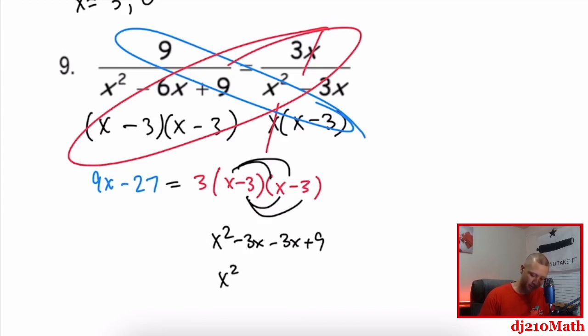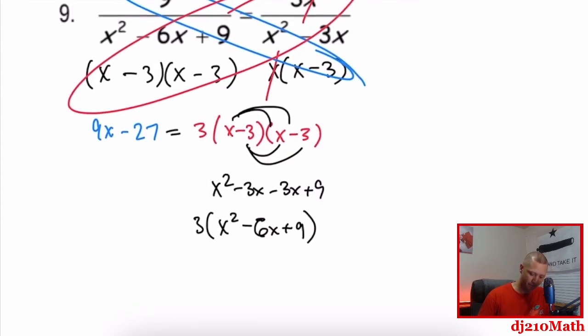So that's x squared minus 6x plus 9. Oh, I guess I knew that. And we'd have to distribute the 3. So this is going to be 3x squared minus 18x plus 27.